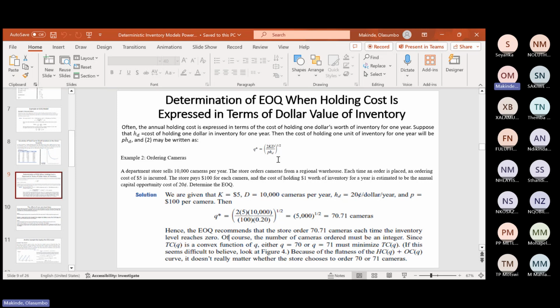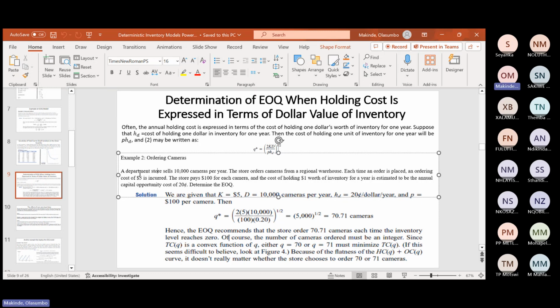The HD is talking to the cost of holding $1 in inventory for 1 year, which is more like the opportunity cost associated with you tying money down. So let's look at an example to see how this formula plays out. But it's still the same concept as your square root of 2KD over H. So look at this example, you see how the H is playing out, but the other parameters are the same.